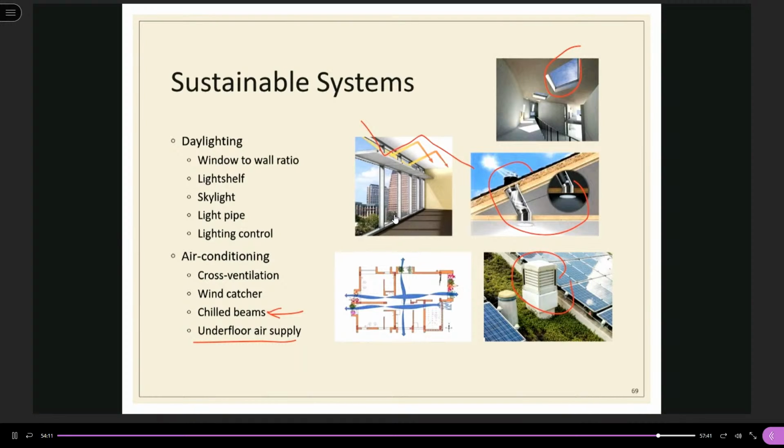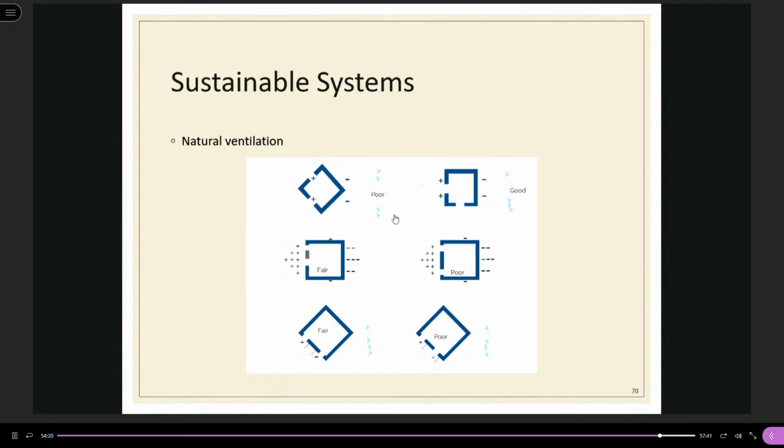Then the air in the circulation zone will be cooled and it could be more efficient. Natural ventilation. So some recommended building layout and openings can promote natural ventilation.